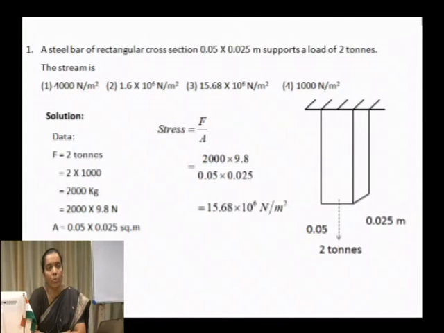So, m into 9.8, that is 2000 into 9.8, is the force. Stress is calculated as the force per unit area, that is 2000 into 9.8 divided by the cross sectional area 0.05 into 0.025, and we get an answer of 15.68 into 10 to the power of 6 Newton per meter square.